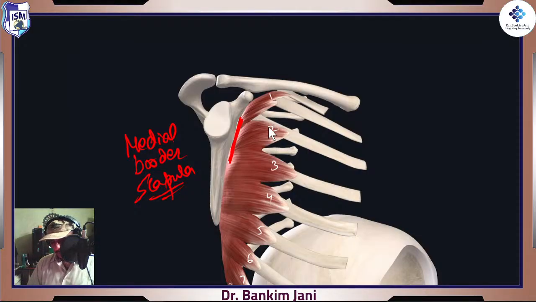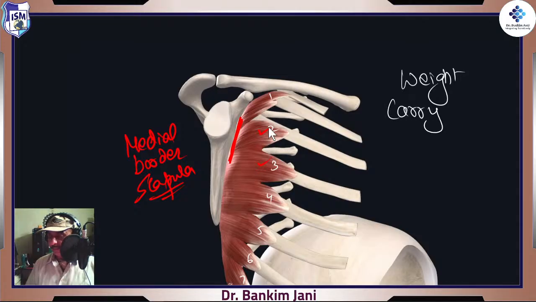Digits 2 and 3, their importance is when you carry weight, right? So they are for carrying weight. Because you'll be carrying the weight with your hand, and then that hand would be transmitting the pressure finally to this clavicle.